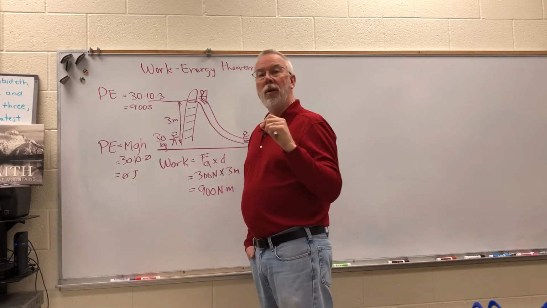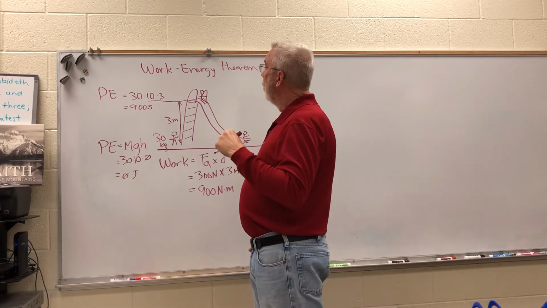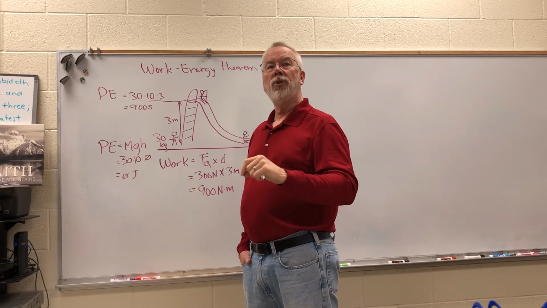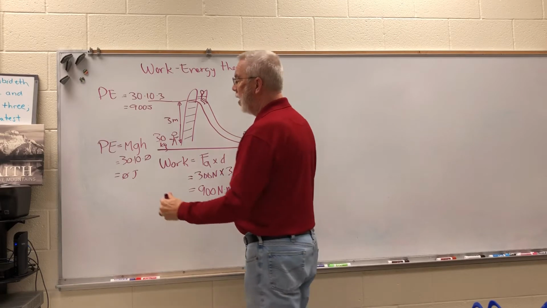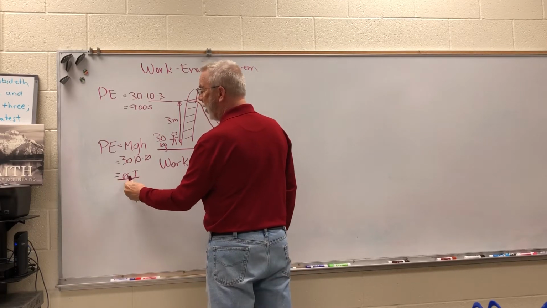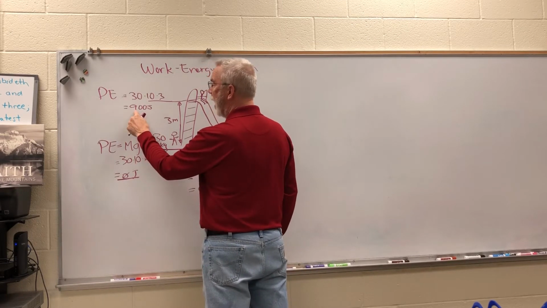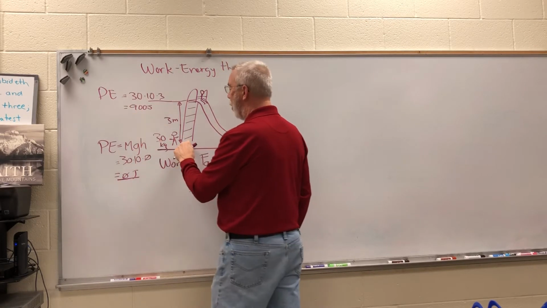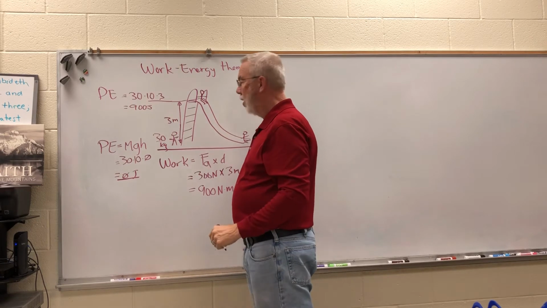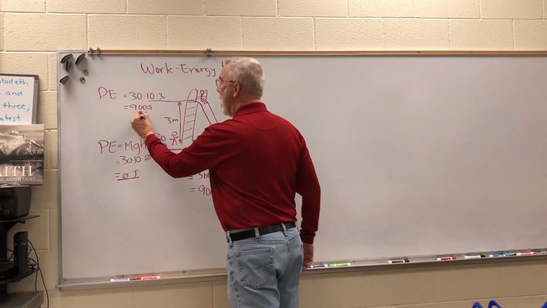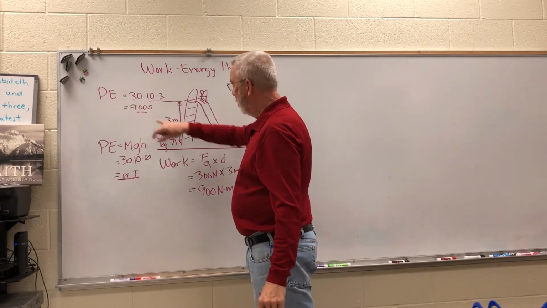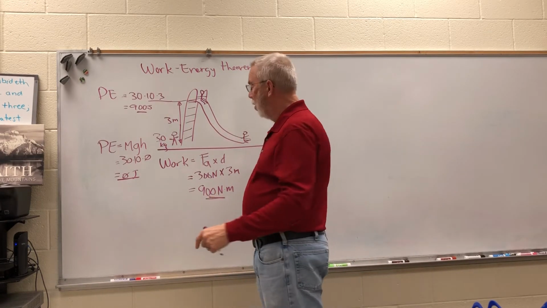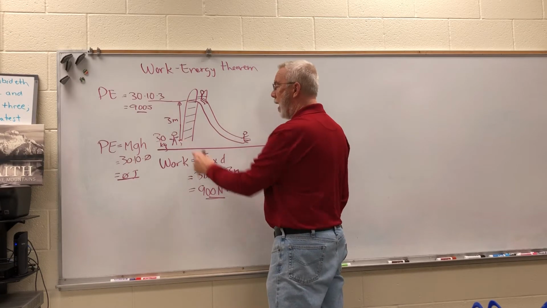So, as we said earlier, the work energy theorem says the work done is equal to the change in energy. So we went from having 0 joules of energy to having 900 joules of energy as a result of raising the boy up 3 meters. And you can see that the 900 joules here is going to be equal to the 900 Newton meters of work that was done by the boy.